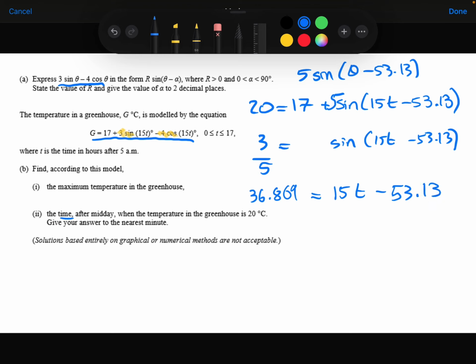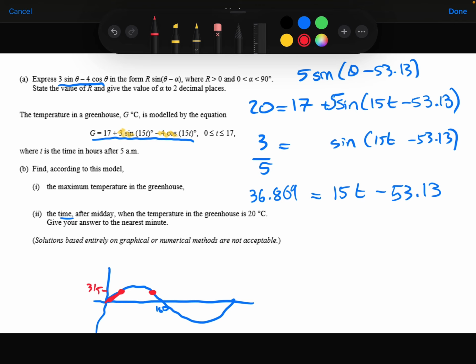But I know that's not the only answer. There could be other answers. We know that from the sine graph there could be another answer. So we've got 3/5 here. A couple of possible answers here. We've got the principal answer of 36.869 there.